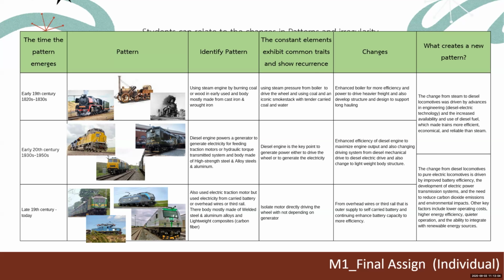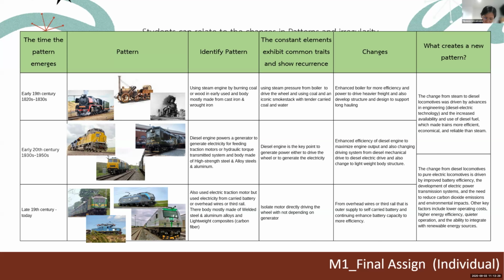Okay, so motor driving the wheel means that the locomotive depends only on the motor, the traction motor, to drive the wheel, because in the early days it would use the diesel generator to create the electricity and then send the electricity to drive the motor.